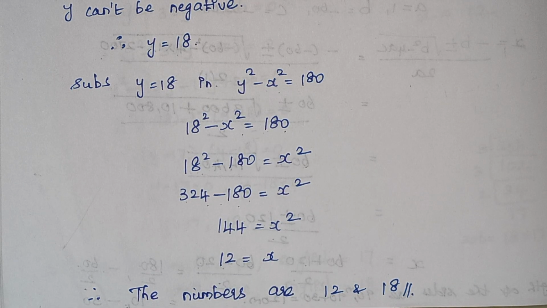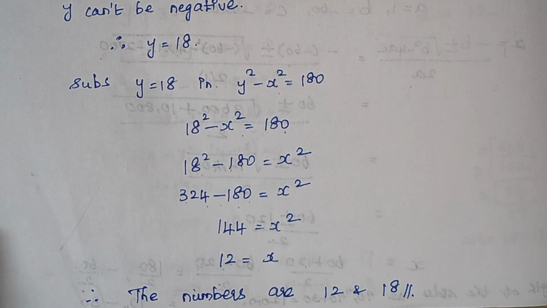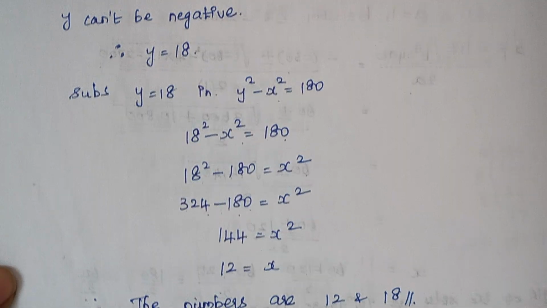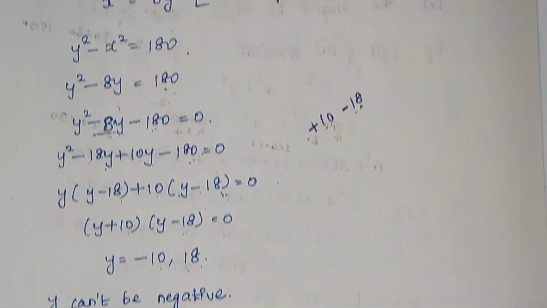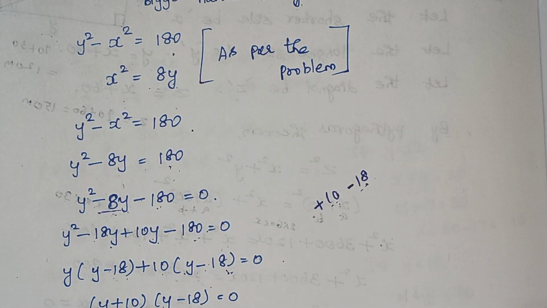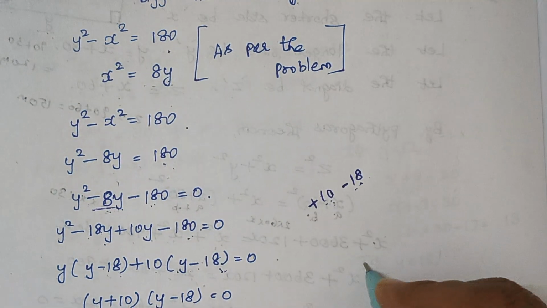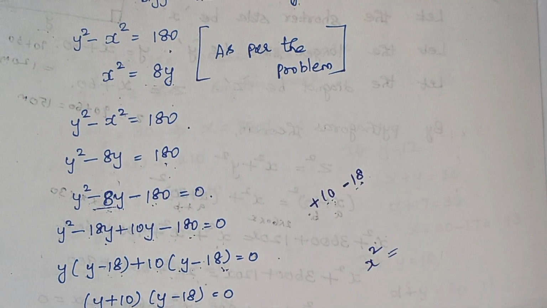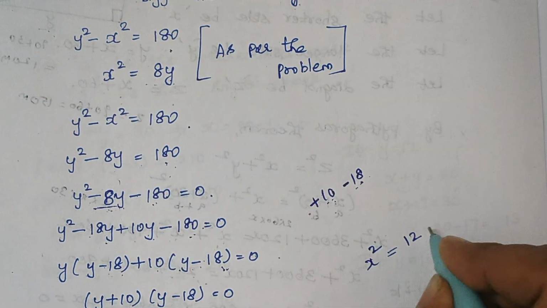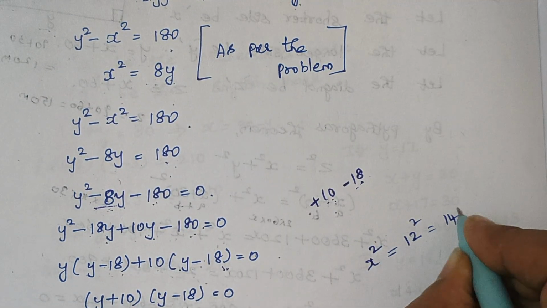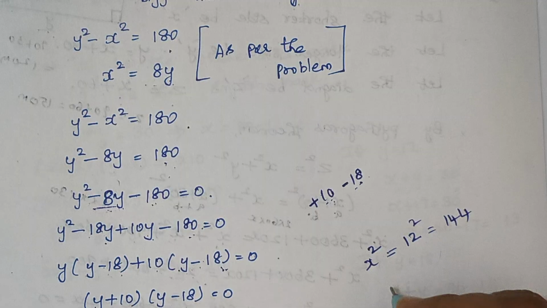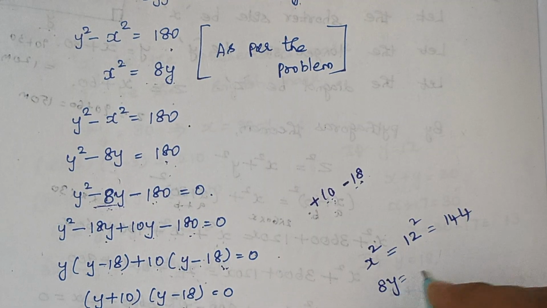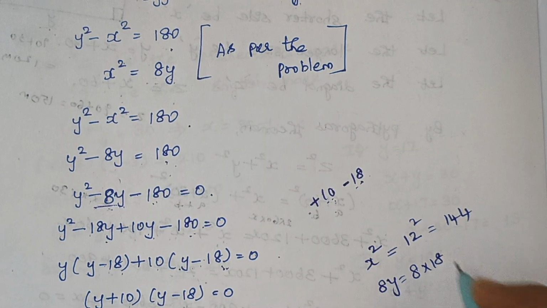Even if you want to check, you can directly substitute in the given relationship. For example, consider x square is equal to 8 times y. Let's check. What is x square? x is nothing but 12, so 12 square gives you 144. Now 8 times y. What is the value of y? It is 18.